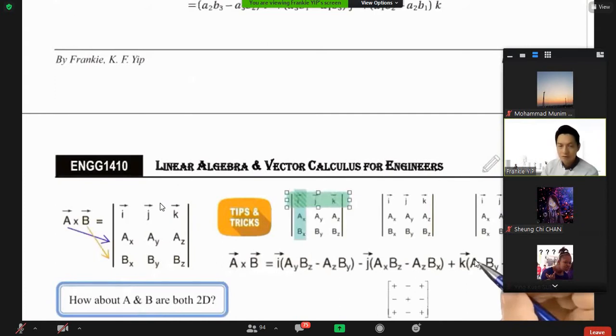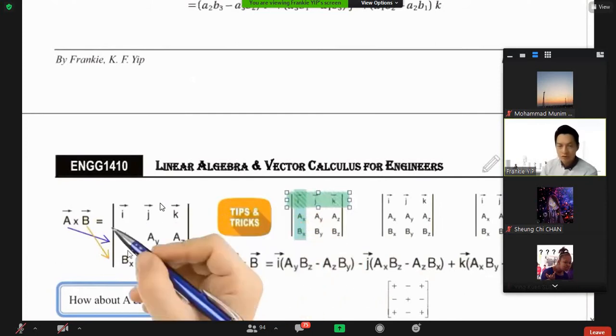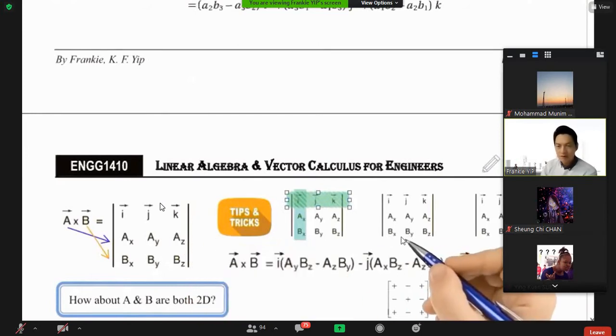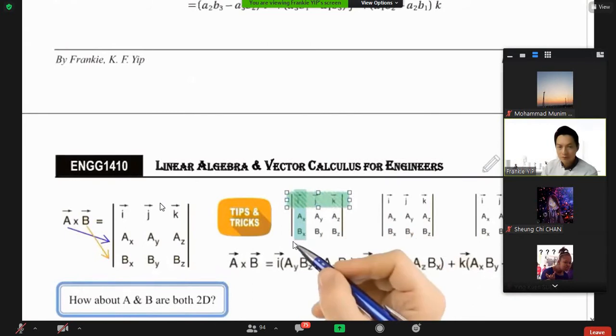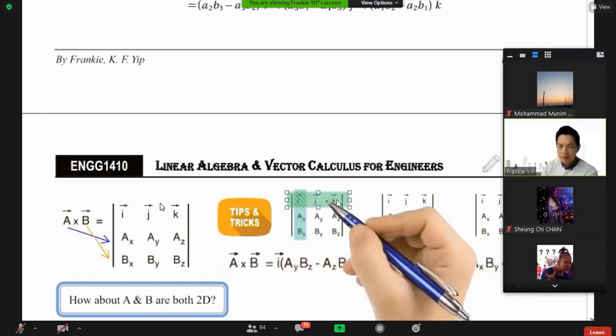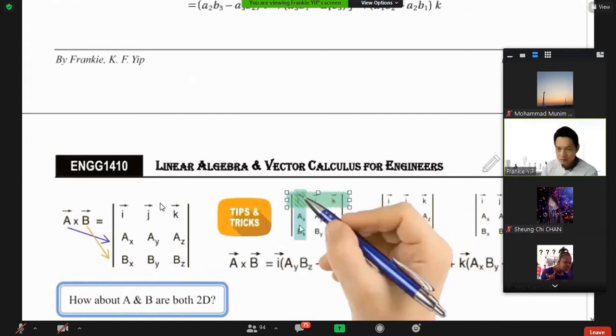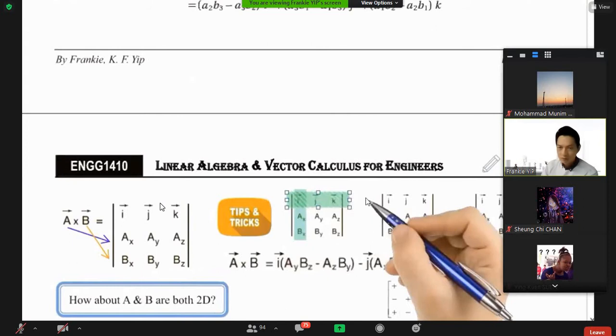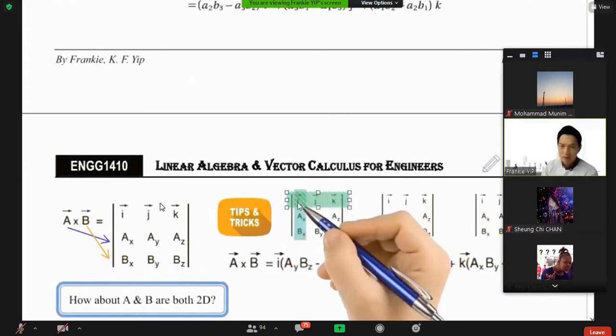First of all, if I ask you to solve this, what method are you going to use? I think you have many different methods, right? But for example, I use this method. First, I hide the row including i and the column including i.